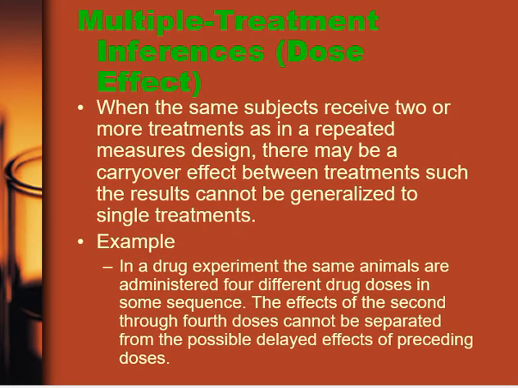And finally, when you have a whole bunch of different treatments, it can influence the external validity of a study. This is called a dose effect, and it is very important to repeated measures.